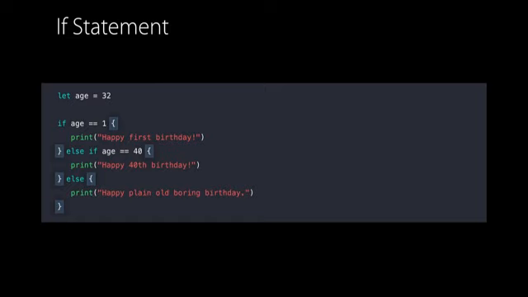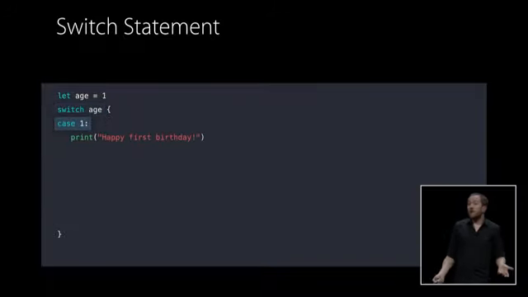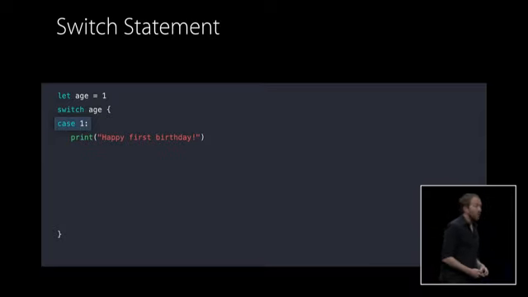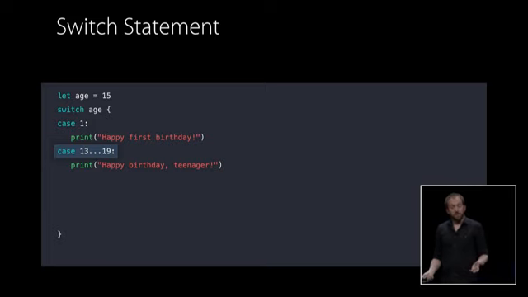In addition to if, we also have a switch statement. And this is useful for writing maybe more complex, more powerful matches. This switches over the current value of a constant or a variable and matches certain cases that can occur. So for example, we can have the case here for an age where the value is 1, and we want to print a simple happy first birthday message. We can also match against ranges, here matching any value that would make someone a teenager.